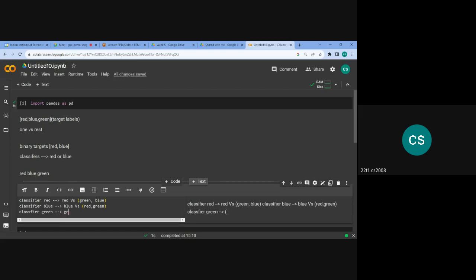Green versus rest, the rest, or all, both have the same meaning, red and blue. So this is the one versus rest classifier.